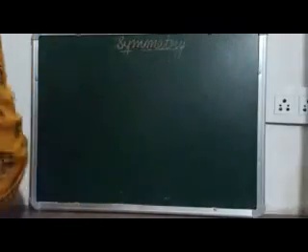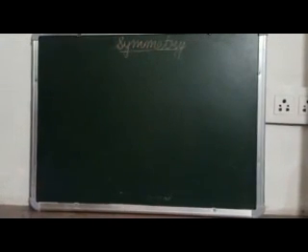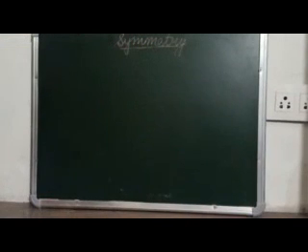Now coming to your exercise, that is exercise 13.1. So in this exercise, first question is, group the capital letters of the alphabet as letters having vertical or horizontal symmetry.